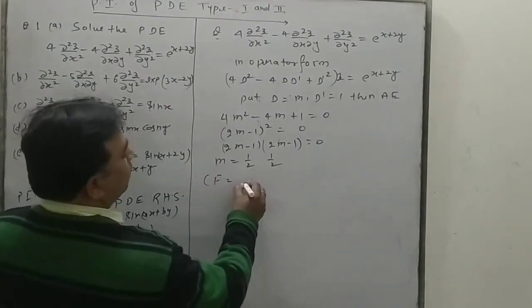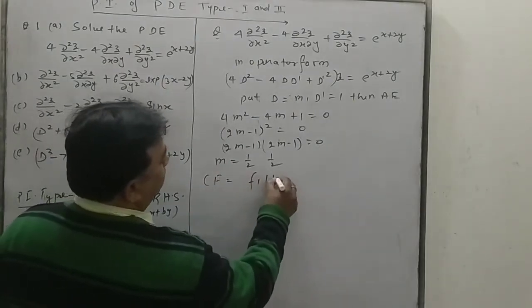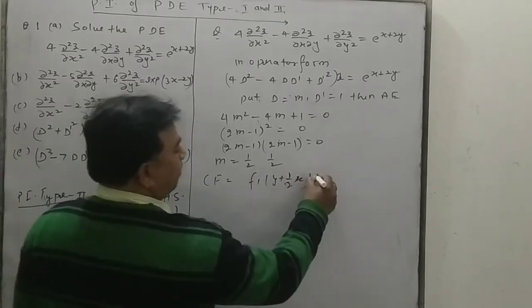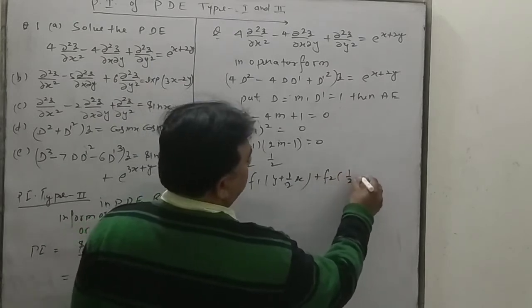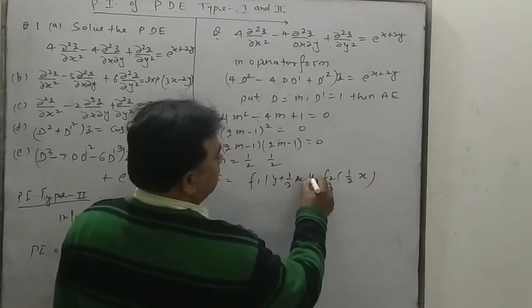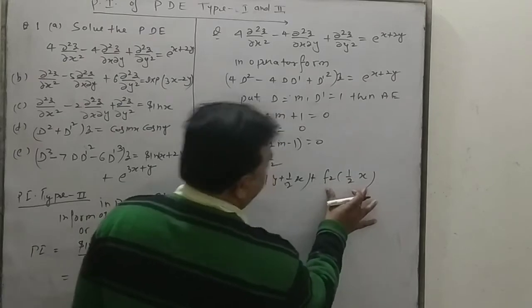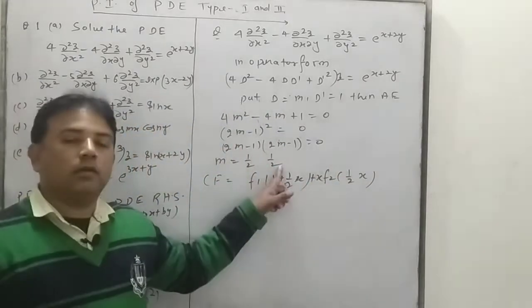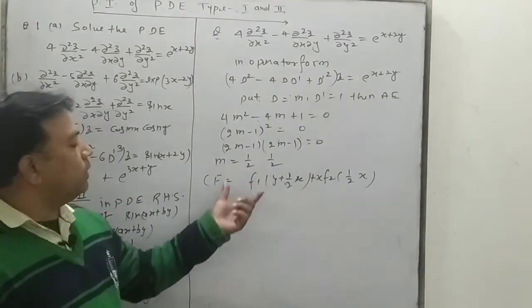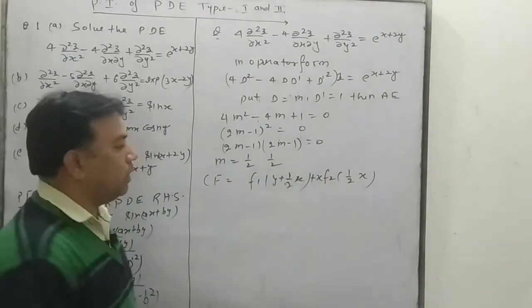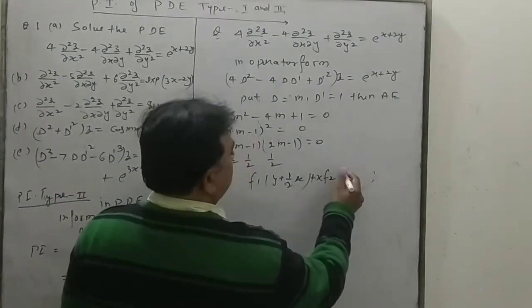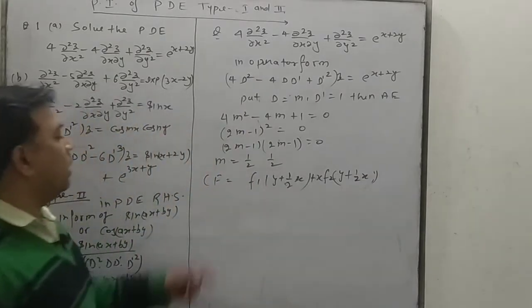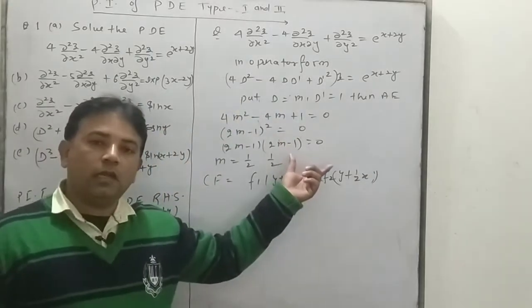CF equal to f1(y plus 1 by 2 x) plus x f2(y plus 1 by 2 x). We multiply the second term by x because the roots are the same. This is the CF of this partial differential equation.